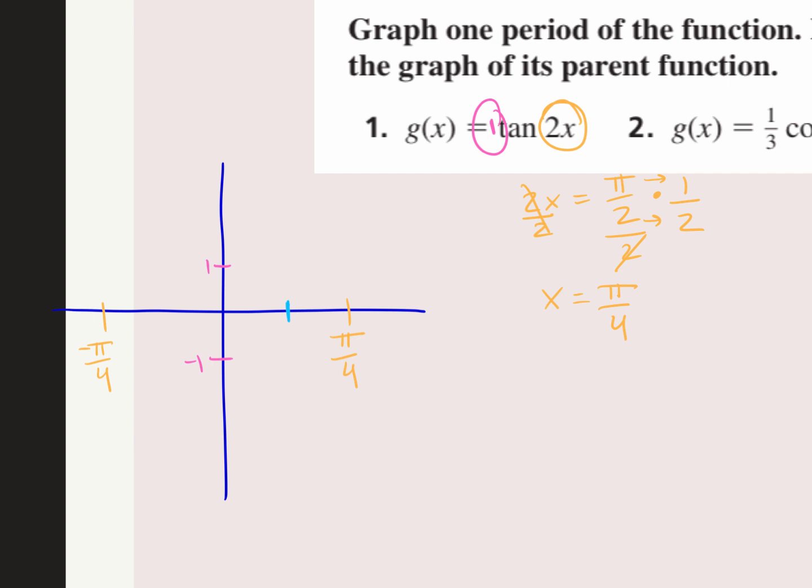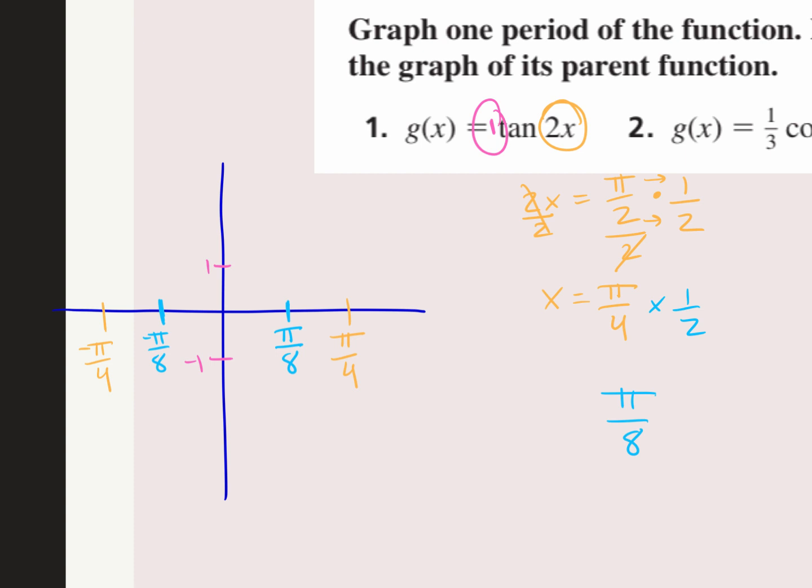Now to find our key points, what do I do? So how do I find the key points? Multiply by 1/2. So we get pi over 8. So my key point is going to be pi over 8. And what's the one on the left going to be? Negative pi over 8.